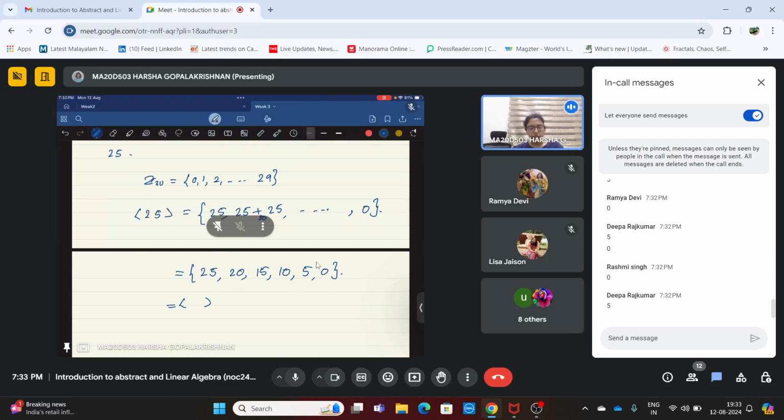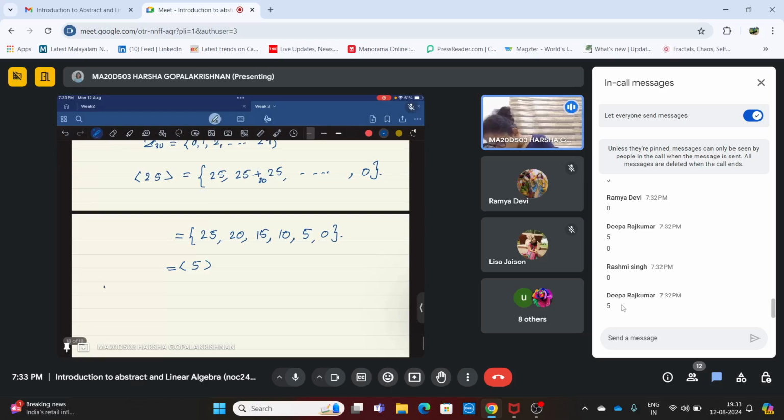Other than 25, does any other element generate this group or not? Yeah, 5, very good. 5 also generates, because 5 plus 5 is 10, then 15, 20, 25, 30. 30 means 0. So we are obtaining the same.